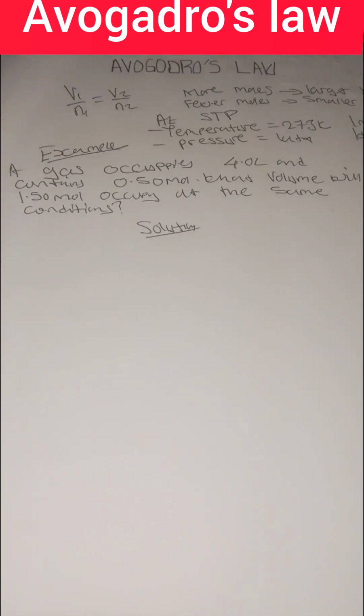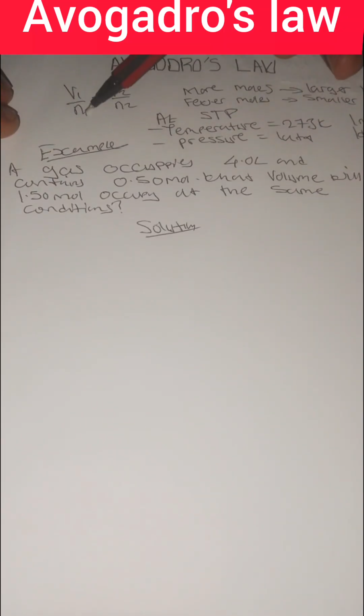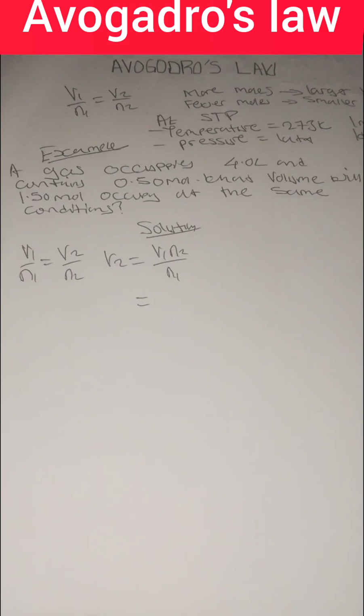So we write the formula that we said earlier, which is V1 over N1 is equal to V2 over N2, which says volume is directly proportional to the number of moles. So we just substitute, because we have our volume 1, which is 4 liters, N2, which is 1.5 moles, and N1, which is 0.5 moles.